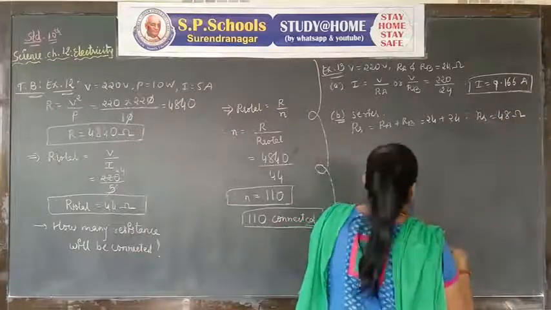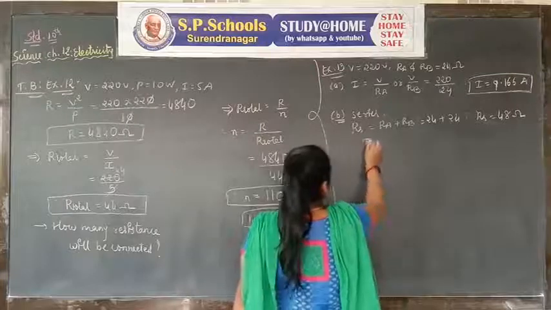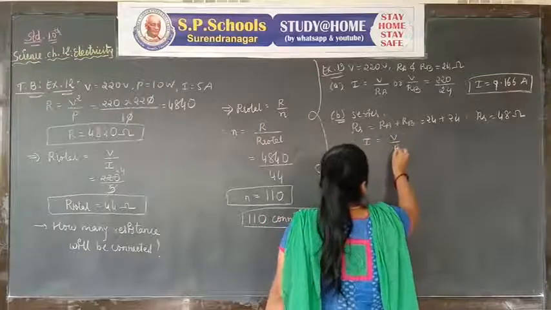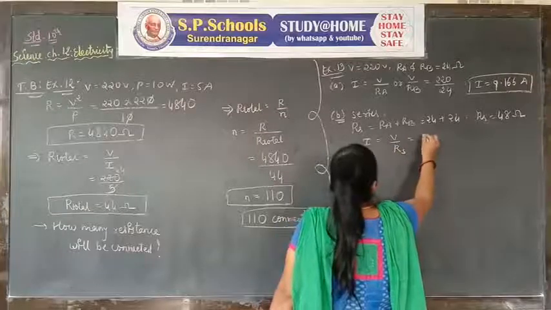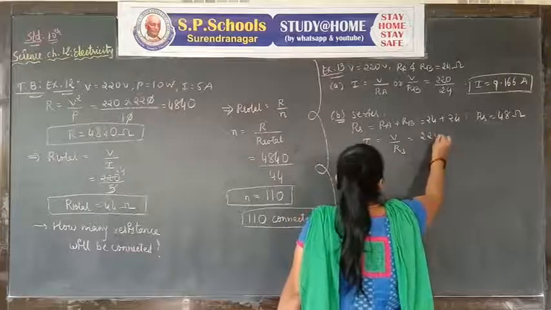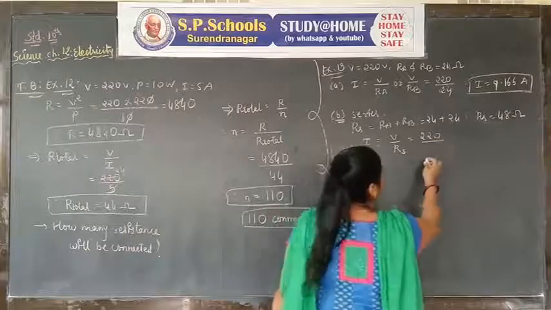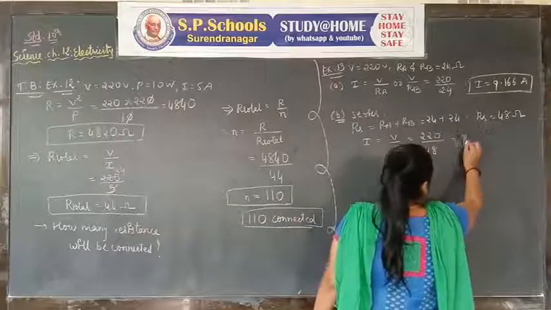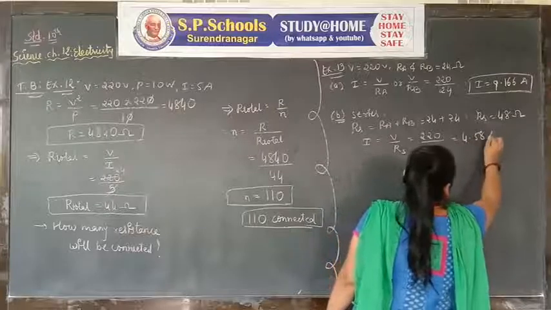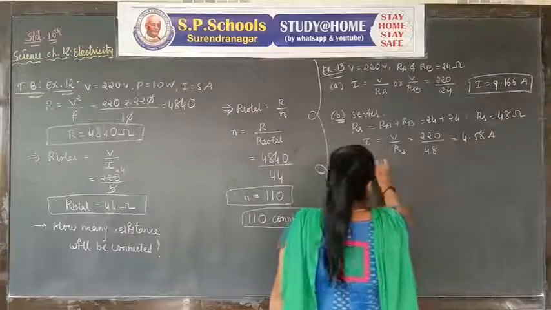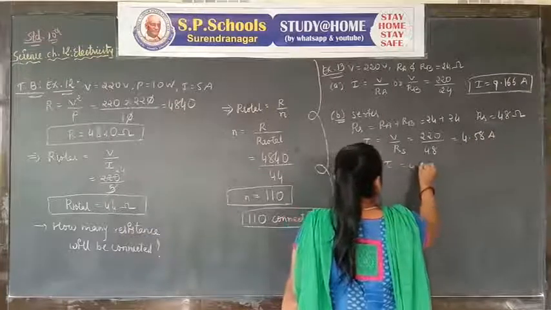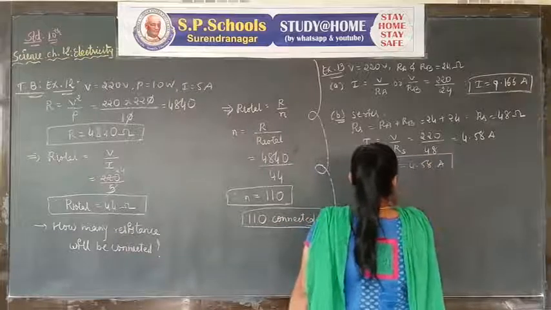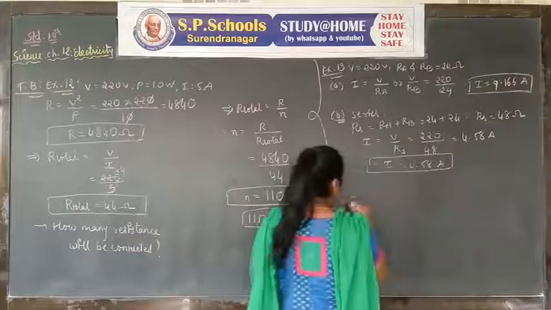Now we find the current easily. I is equal to V upon Rs. V means 220, Rs we found 48. So we get 4.58 ampere in the case of series.